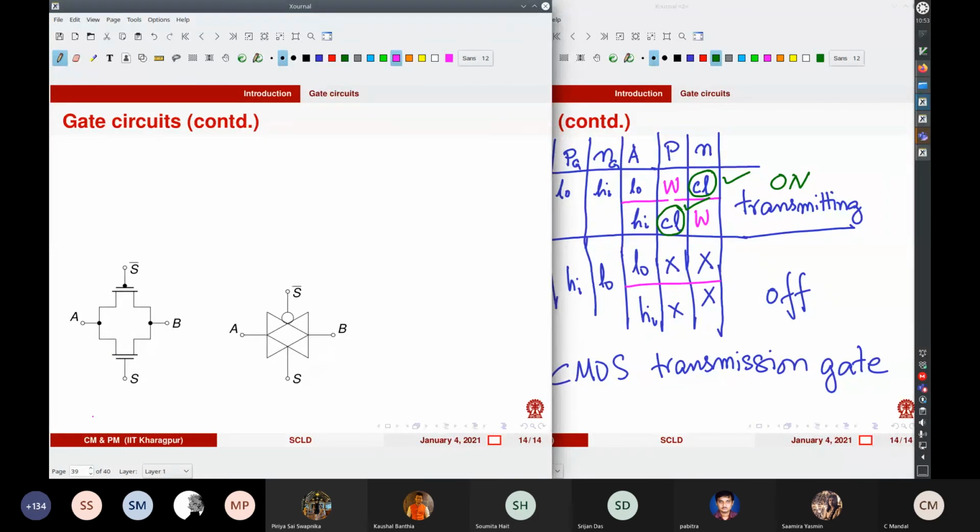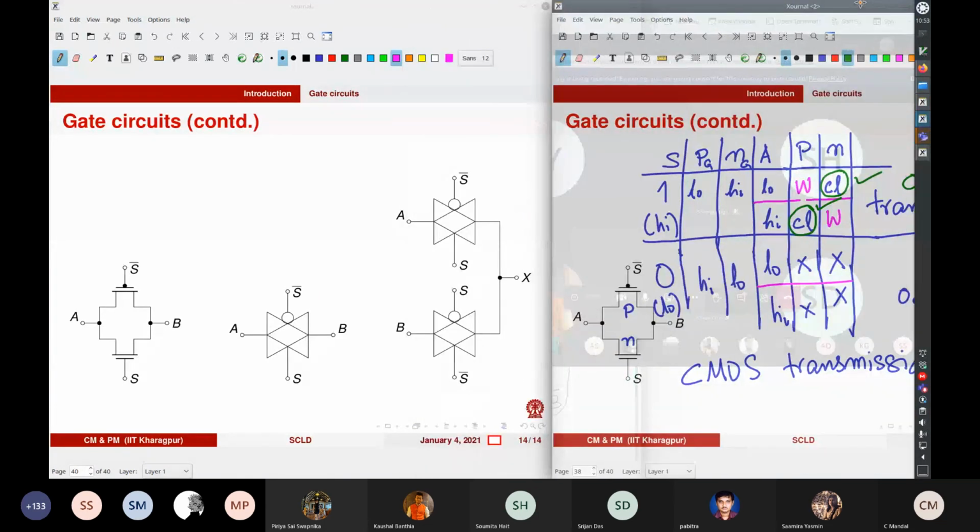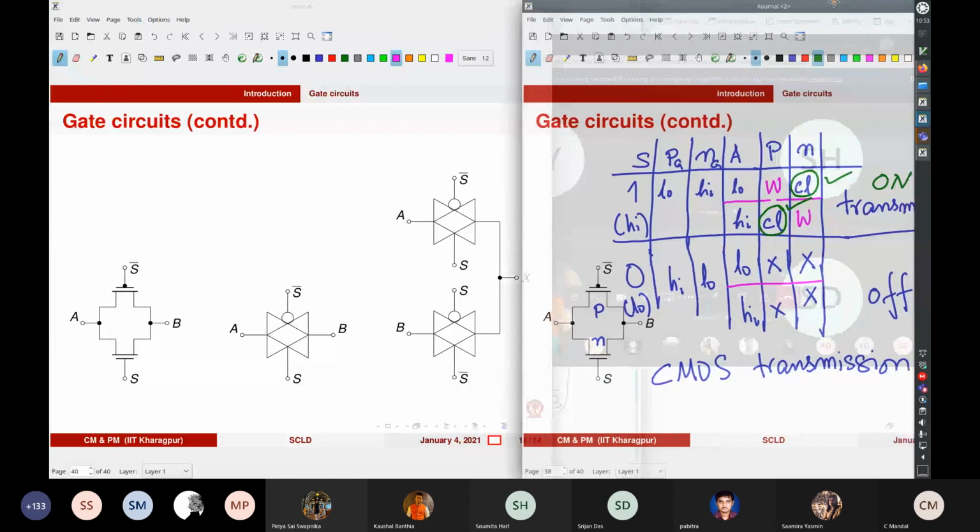And now look at the circuit that I've drawn on the right. Can you tell me what it does? It should be quite easy for you to explain.